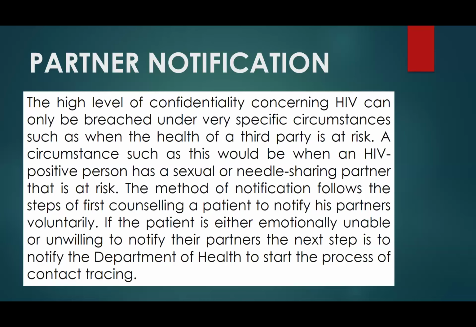If the patient is either emotionally unable or unwilling to notify their partner, the next step is to notify the Department of Health to start the process of contact tracing.